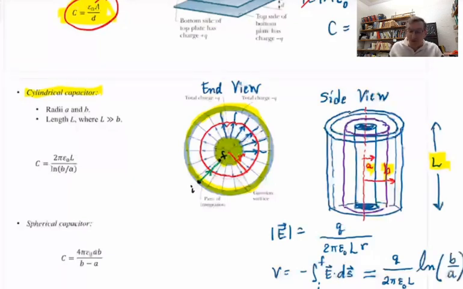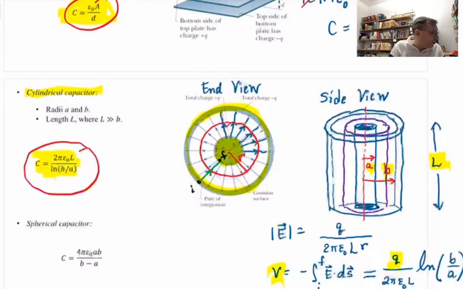And then you use Q equals CV. There's the Q, and there's the V, and you rearrange it and solve for C, and here's the formula over here that you get for the capacitance of a cylindrical capacitor. So if that's what we've got, you can go straight to that formula and use it. It does depend on size, shape, and separation.